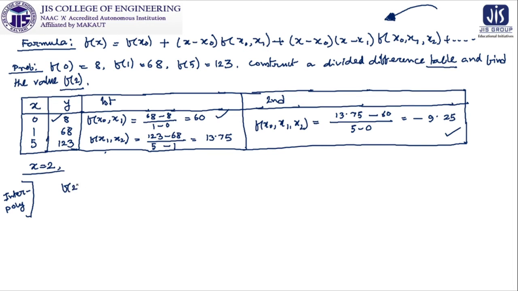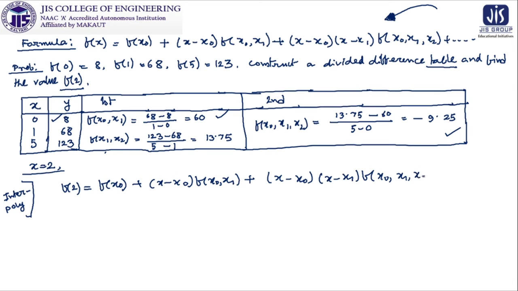Now, as per the requirement of this problem, we are going to find the value of f2. So f2 can be written as f of x0 plus x minus x0 times f of x0 x1, just according to the definition, then x minus x0, x minus x1, f of x0 x1 x2. We will not write any dots over here because we have seen that the problem can be extended up to this only.